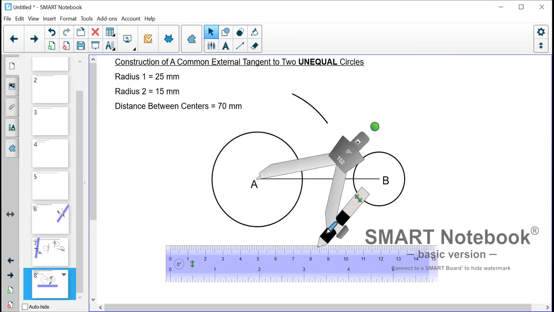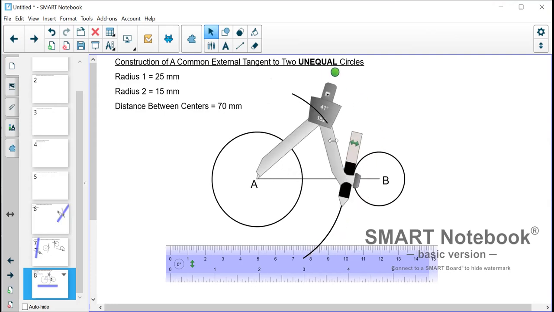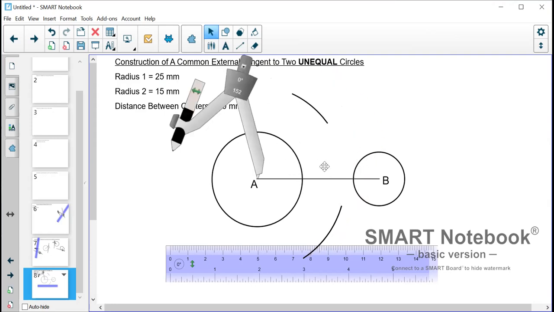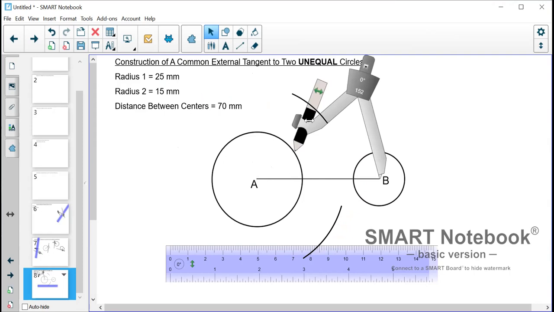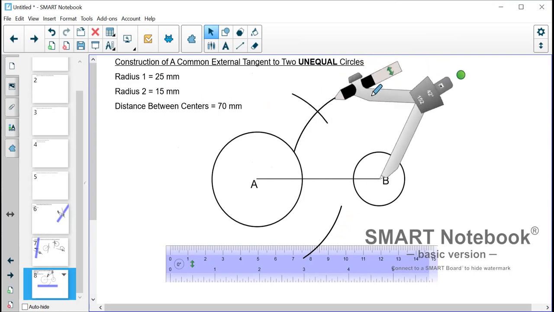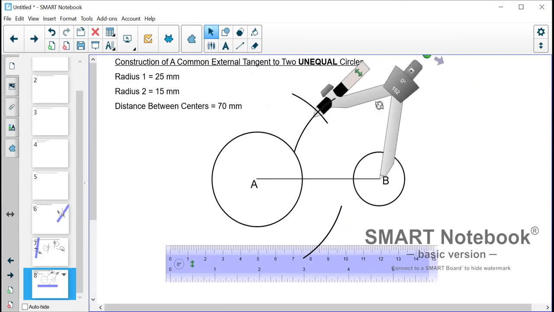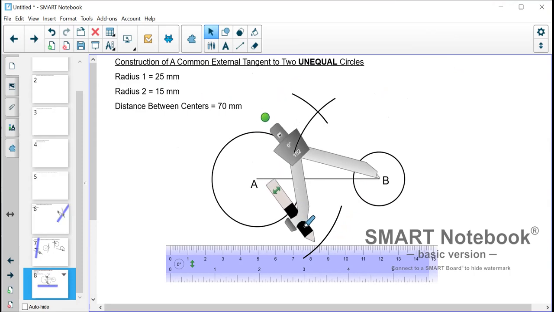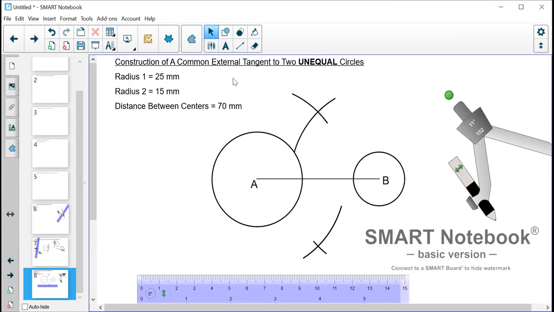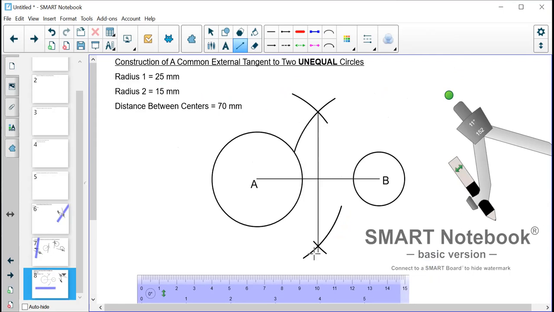We simply bisect the line. Good. With that, we draw the line that gives us the direct center, which we normally label as center O.